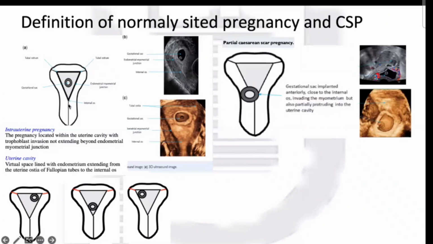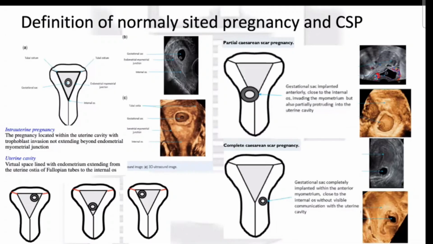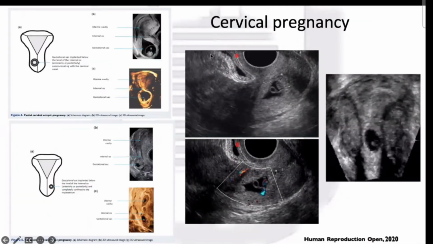When we are speaking about scar pregnancy, it means that it is outside this space, and it is inside at the level of the uterine scar, and it can be partially invaded the myometrium or completely invaded the myometrium. And we have to distinguish this type of pregnancy from a cervical pregnancy.